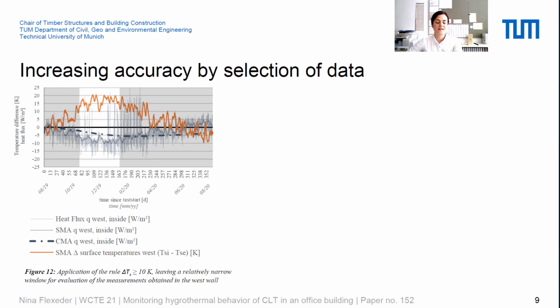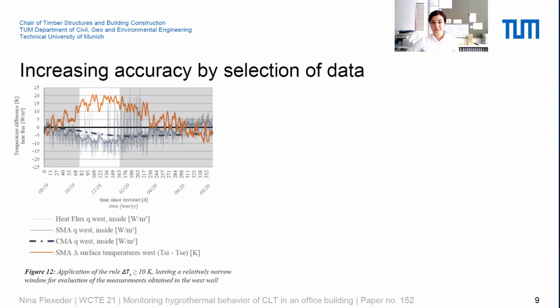On the left hand side, you see our results for the simple moving average as well as the cumulative moving average for the heat flux measurements on the west wall. We have to adhere to certain statistical methods that are explained in detail in our paper, and one of the conditions that we should pay attention to is that the difference of temperature inside and out should be greater than 10 Kelvin, so that we get some accuracy there.